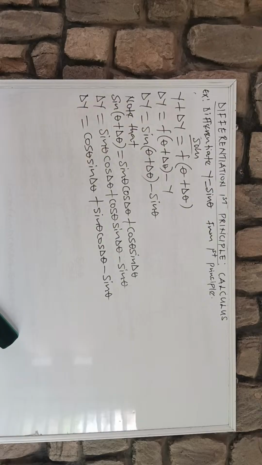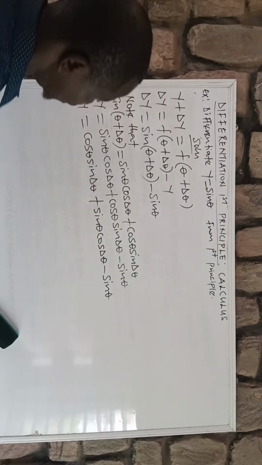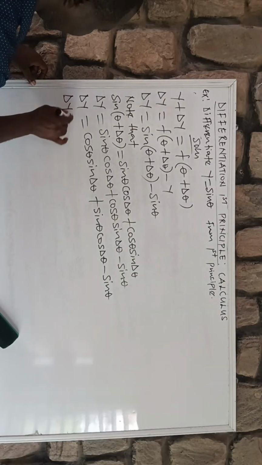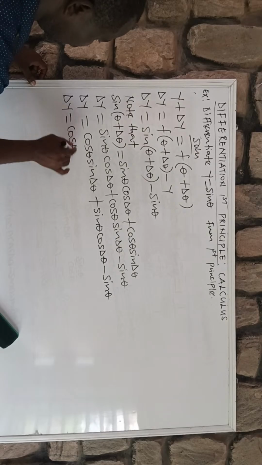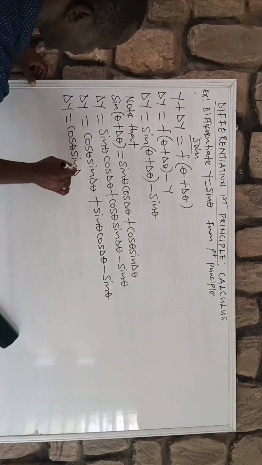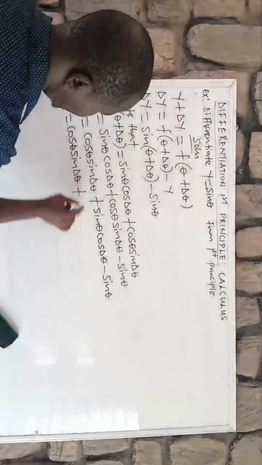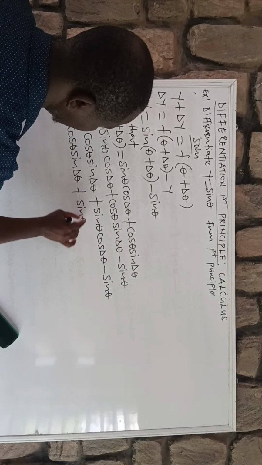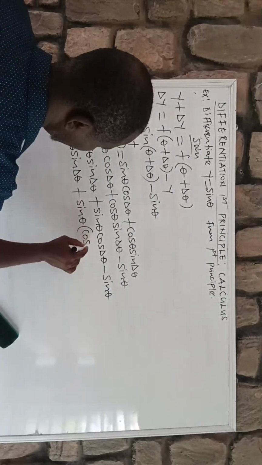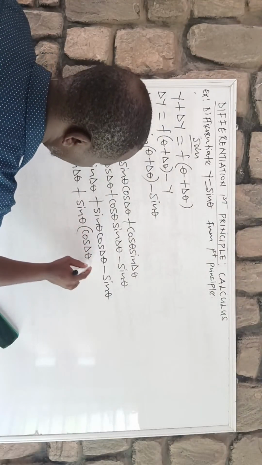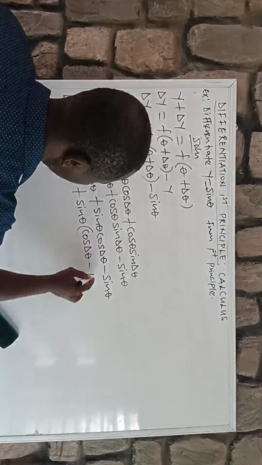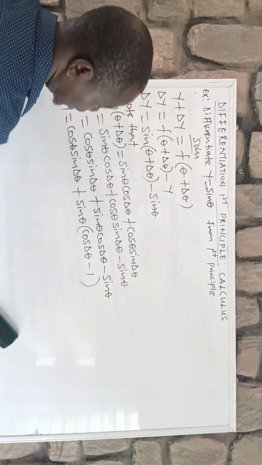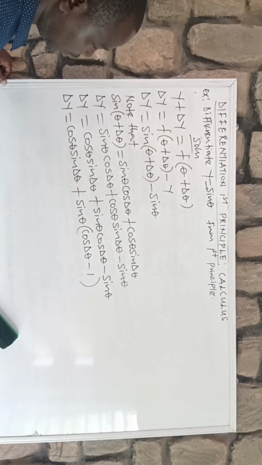It is okay. So our dy is equal to cos theta sine the theta plus, what is common here? Look at it, sine theta. You factor it out, open bracket, cos the theta minus 1, right? So far so good.